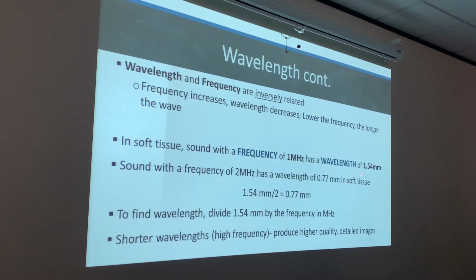We know our wavelength in soft tissue is always going to be 1.54 millimeters, right? So however many megahertz it is, we're just going to divide 1.54 by the number of megahertz. In this case, 1.54 divided by 2 megahertz equals 0.77 millimeters. That's our wavelength.